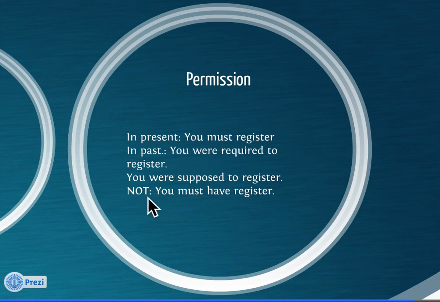You don't say you must have registered. No, you say you were required to register or you were supposed to register. We just prefer to use other expressions because then must have refers to possibility.